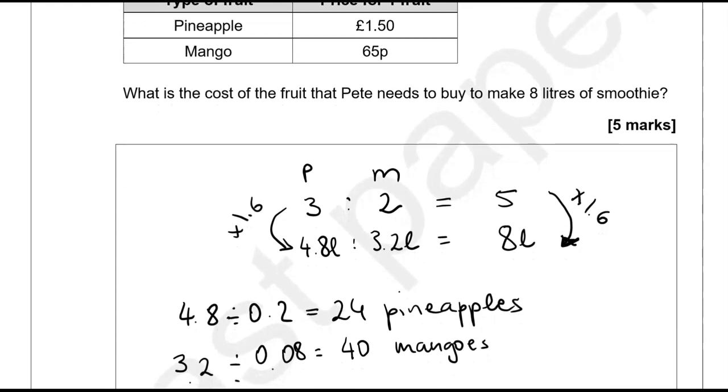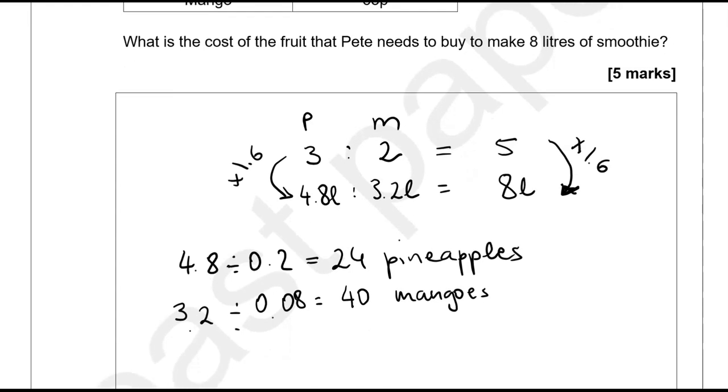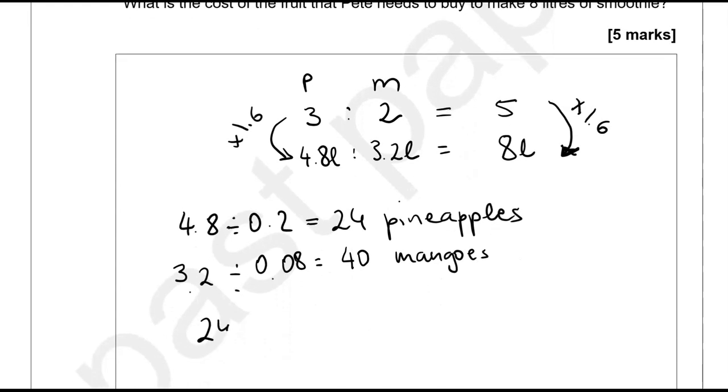So if one pineapple costs £1.50, we're gonna do 24 times £1.50, and it gives us £36.